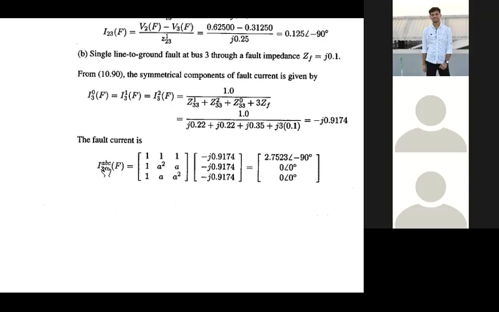So to get ABC domain information, you have to multiply by the A operator. Because of single line to ground fault, all are same, so you put them there and you get I3 ABC after the A matrix multiplication. Is it clear up to this point? Yes, sir.